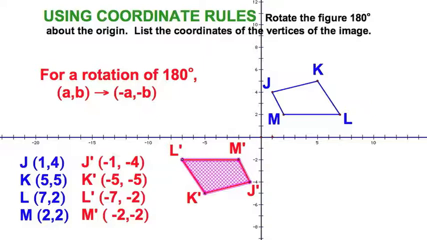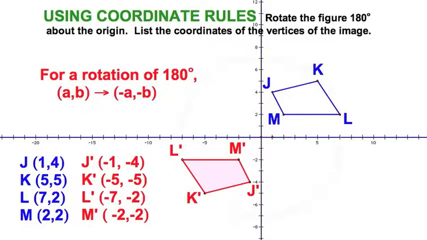There's another way of looking at it. Let's suppose I connected all the vertices. If I connect K to K prime, you'll notice that it is collinear with the origin, as is L with L prime, J with J prime, and M with M prime.